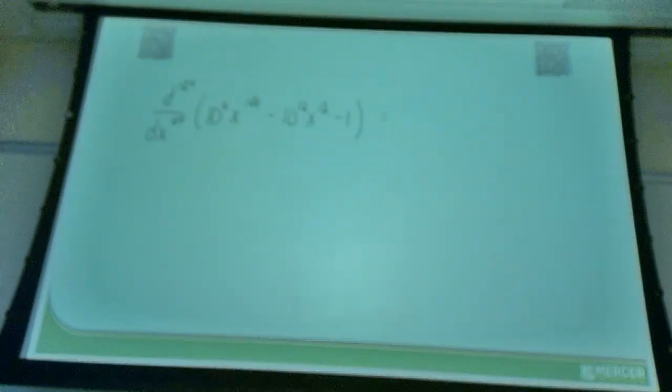Get your factorials ready. 124 factorial times 10 to the 6th. So 124 factorial million. Oh, by the way, 124 factorial is a really, really large number.